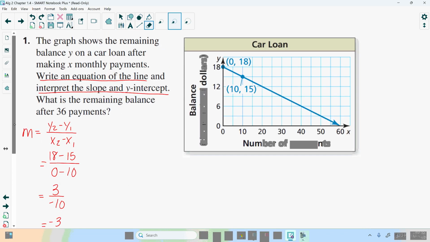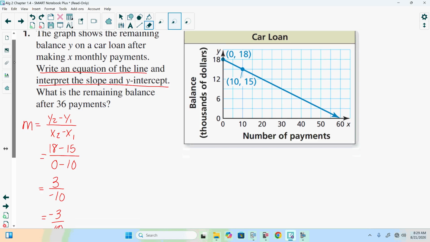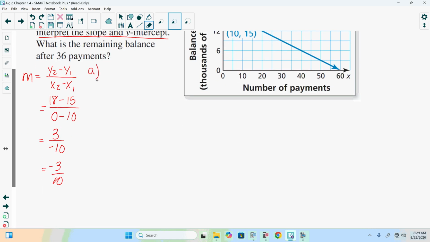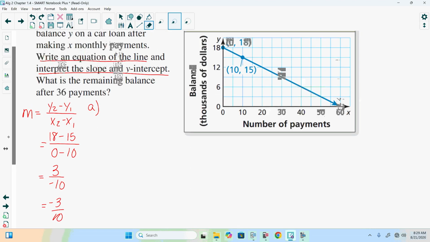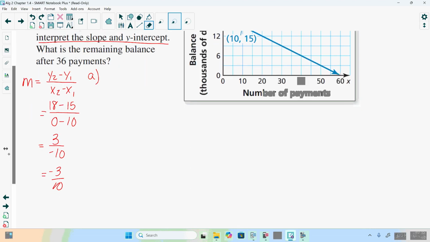Yeah, well, in context of the problem, because we're talking about what? How much I owe on the car? I'm making payments. The balance should be going down. So if we interpret the slope, what would we say? So it's negative 3/10 for every what?